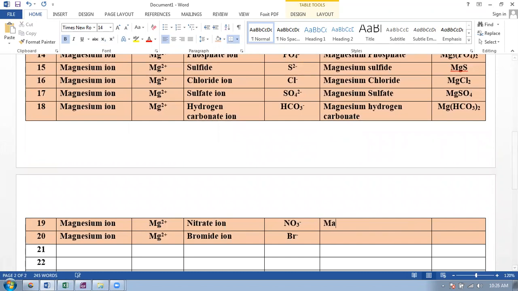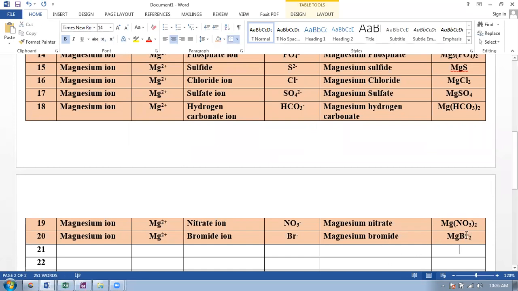Magnesium nitrate. Magnesium nitrate, it is Mg(NO3)2. Put a bracket here. Then magnesium bromide. Remember MgBr2.